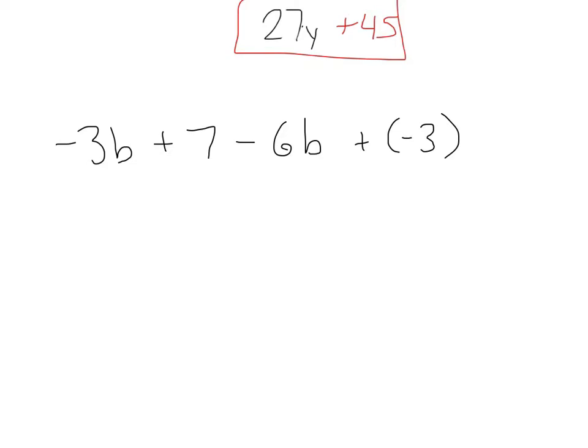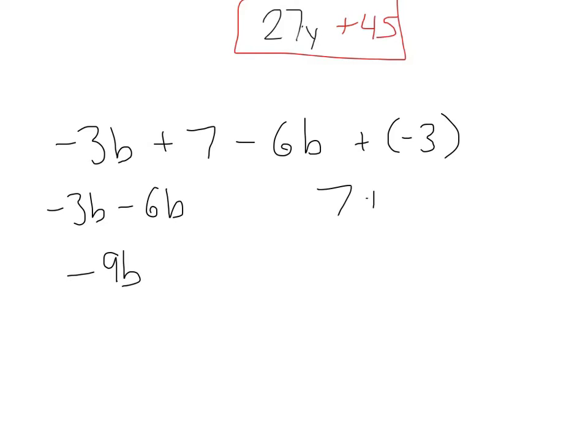Alright, so hopefully you knew that negative 3b and negative 6b were like terms. Well, negative 3b minus 6b, negative 3 minus 6 is negative 9, but we're talking about b's. And then we also have a 7, and then we have a plus negative 3.